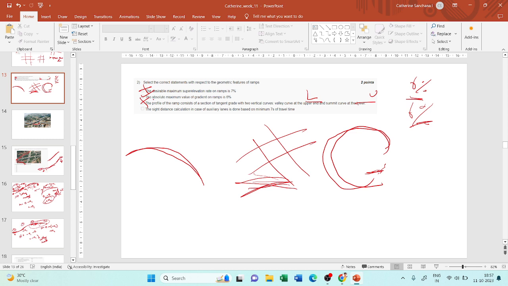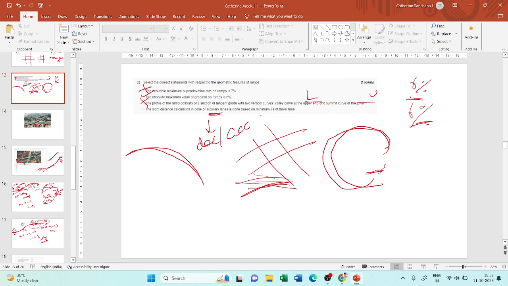And sight distance requirement, this is for auxiliary lane. So what is an auxiliary lane? We saw acceleration and deceleration, and I think you must be very familiar with those terms, right? Sight distance, because it is a basic requirement of a highway.